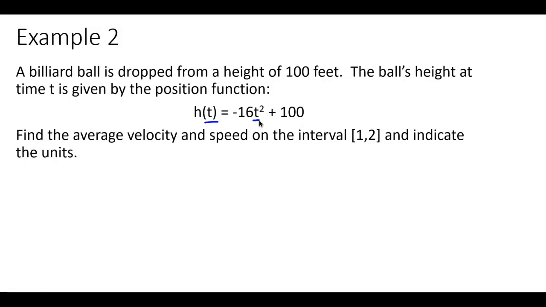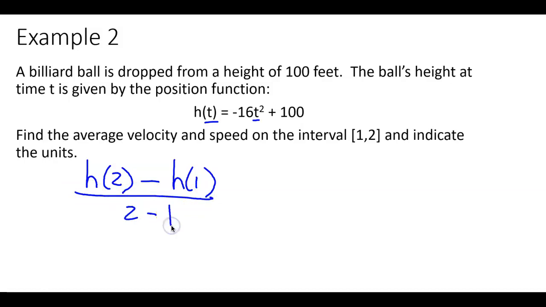So we need to find its position at t equals 2, and its position at t equals 1, and find the difference between those. That's my displacement over that time interval from t equals 1 to t equals 2.